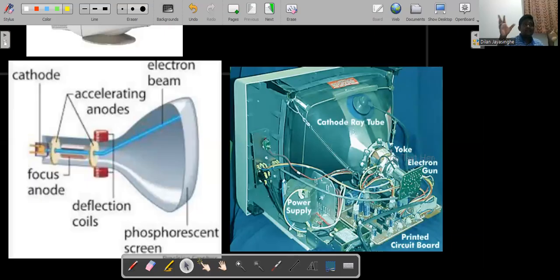They are saying, yes, inside this monitor there's a thing like this. It calls cathode ray tube. Therefore, we are calling that monitor a cathode ray tube monitor. Right? But I gave you all a little idea about how does it work. Right? It's more than enough. Okay.